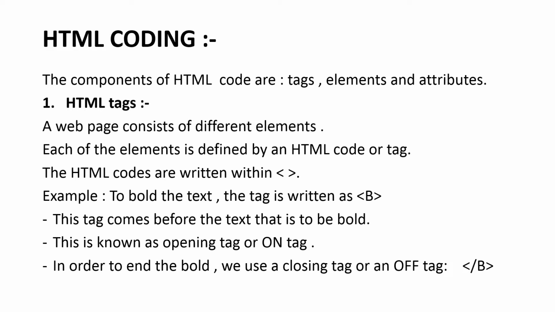There are certain tags in HTML coding by using which we can define the HTML code for the web pages. A web page consists of different elements, and each of these elements is defined in HTML by using certain tags.